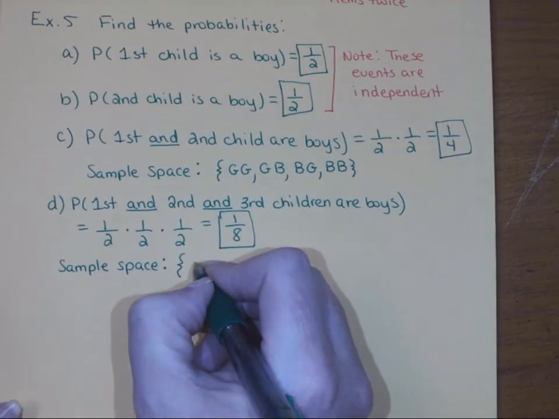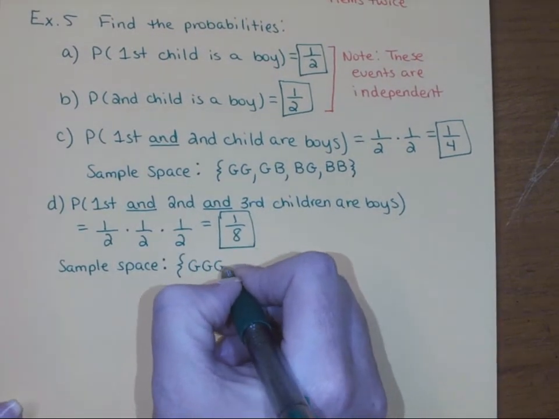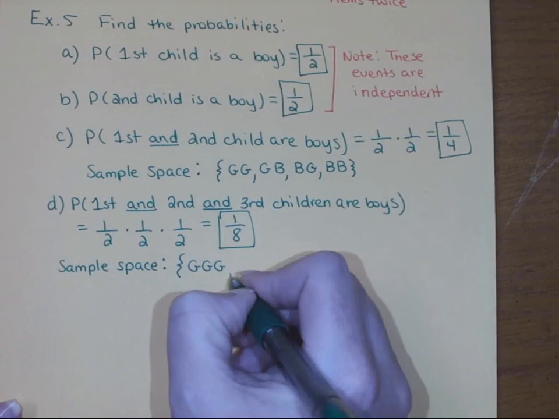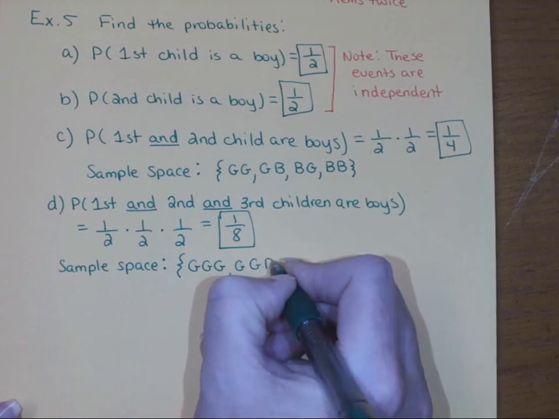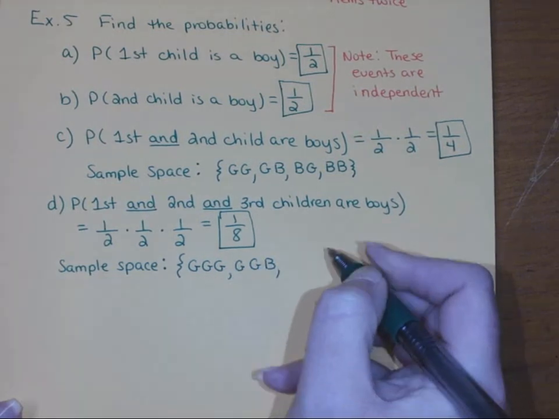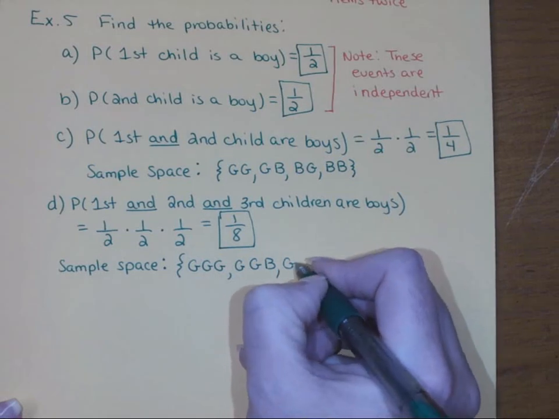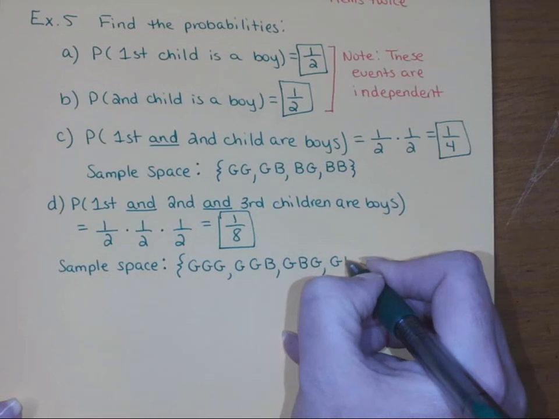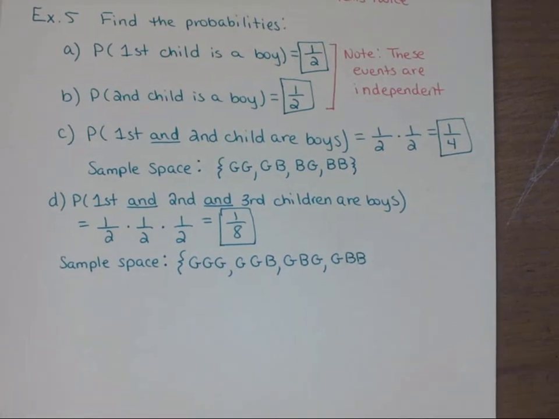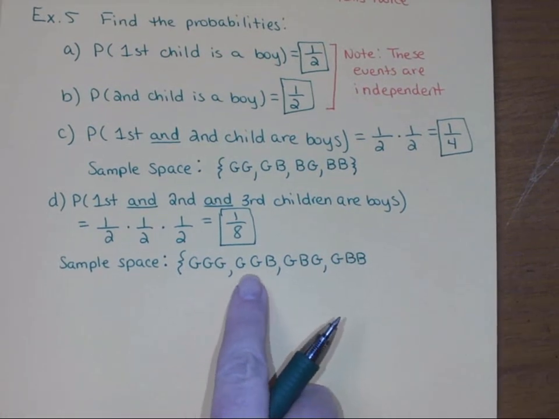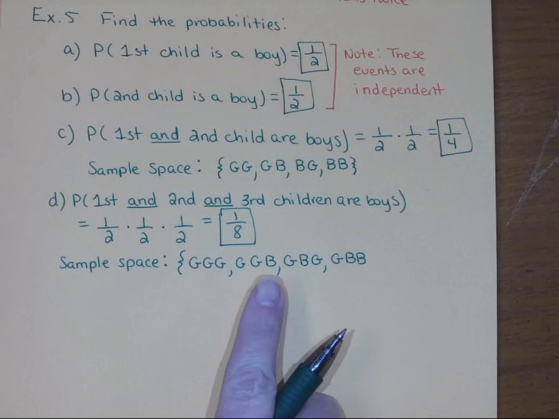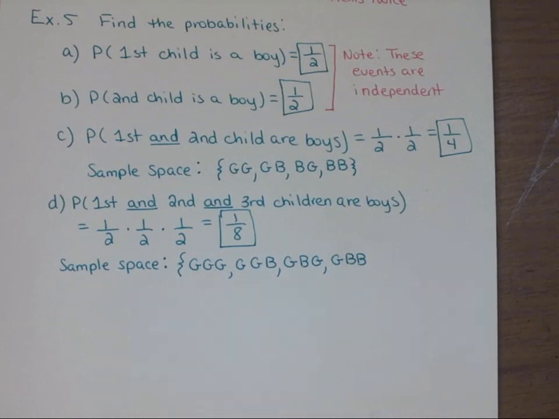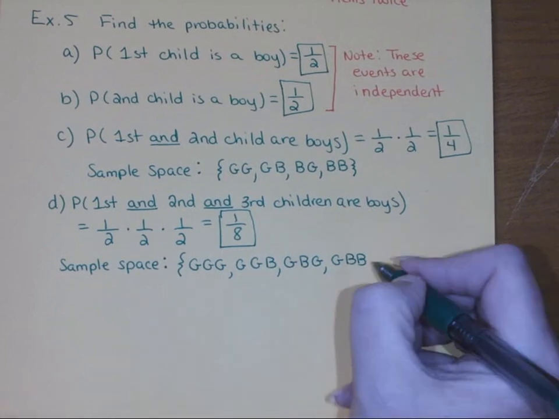So what are the possibilities for the genders of their kids? They could all be girls. The first two could be girls and the second one could be a boy. We could have girl, boy, girl. We could have girl, boy, boy. By the way, these are in really no particular order other than the fact that I tried to stick with the oldest being a girl for the first four. Notice that exhausts all those possibilities.